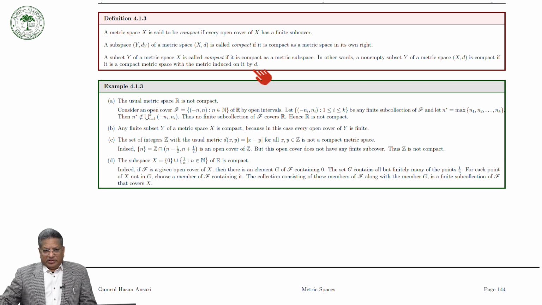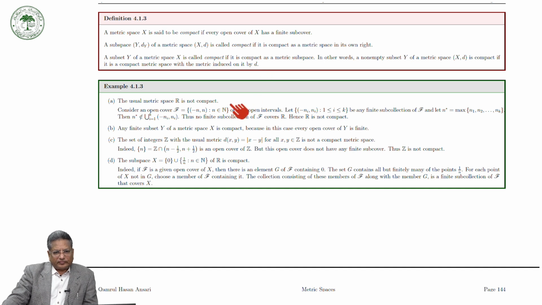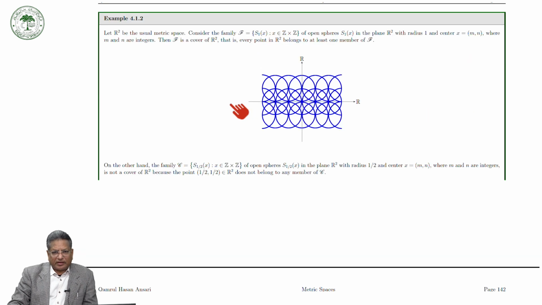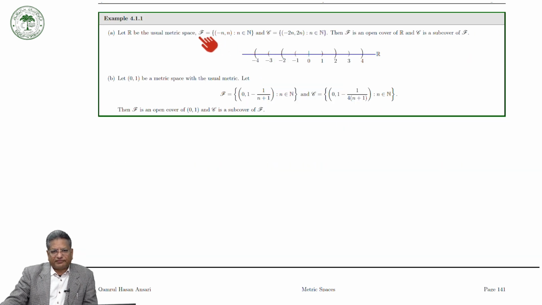First, we have seen that this F is an open cover of R. If you take the union, it will cover the whole of R, and this C is also a cover of R, a subcover of F. But both the families F and C are not infinite-free; they are not finite.